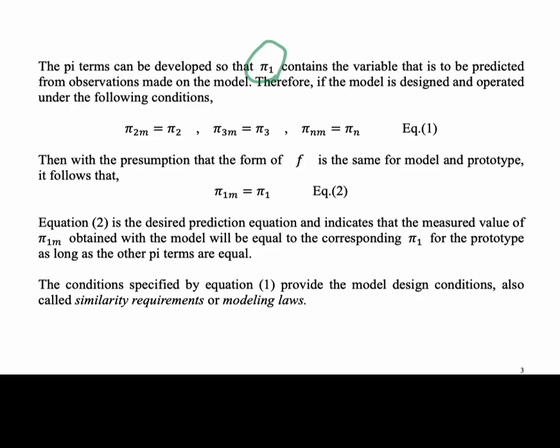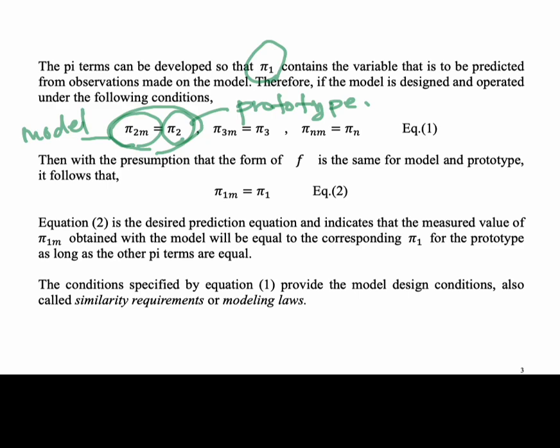Therefore, if the model is designed and operated under the following condition, we could write pi2 model is equal to pi2, meaning this term is for the model and this term is for the prototype, because the equation is the same, and then we could say that it must have some kind of similarity.